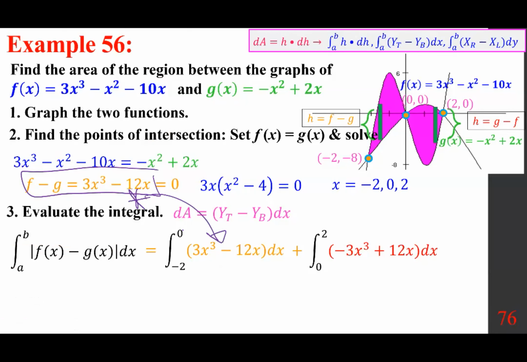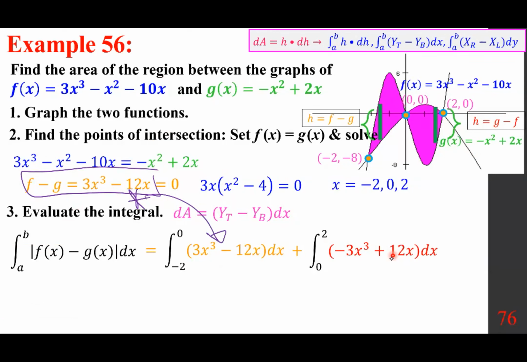This is what we use here. And for the other, the parabola is at top. g minus f is the negation of that. Notice I put minus 3x cubed plus 12x. And that's extremely important to understand.